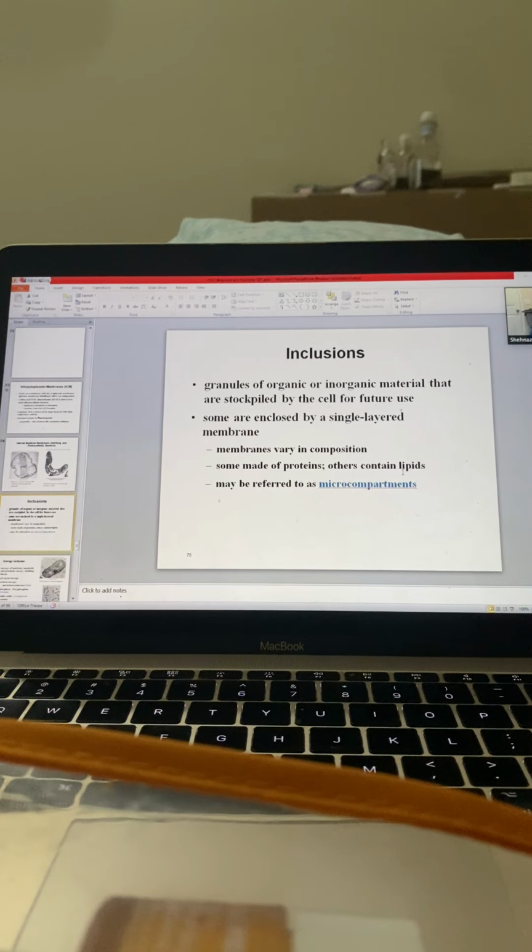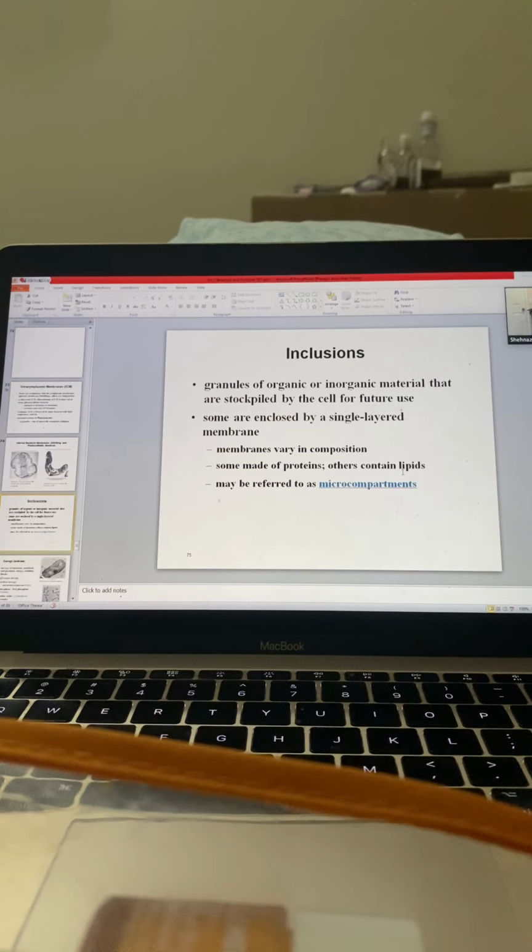So they are not truly double layered, as they would be in your eukaryotic cells. Here, some of these inclusions may have a single layer membrane, and the membranes have different compositions. Some of the membranes that enclose your inclusions may be made up of proteins, and some may also contain lipids.